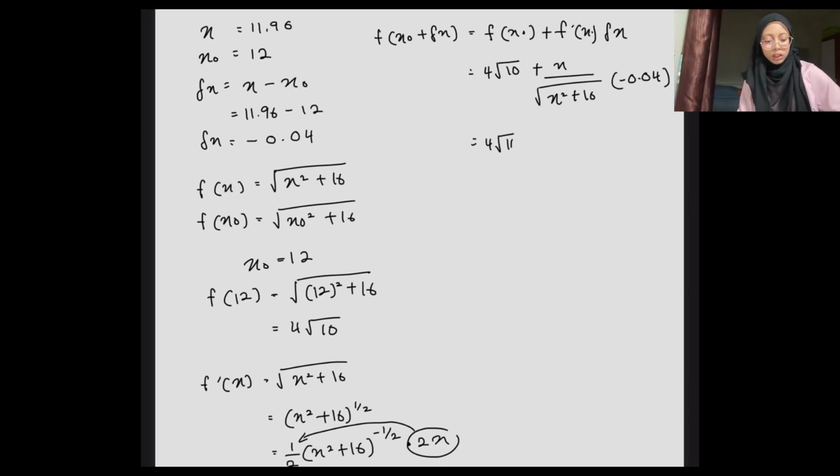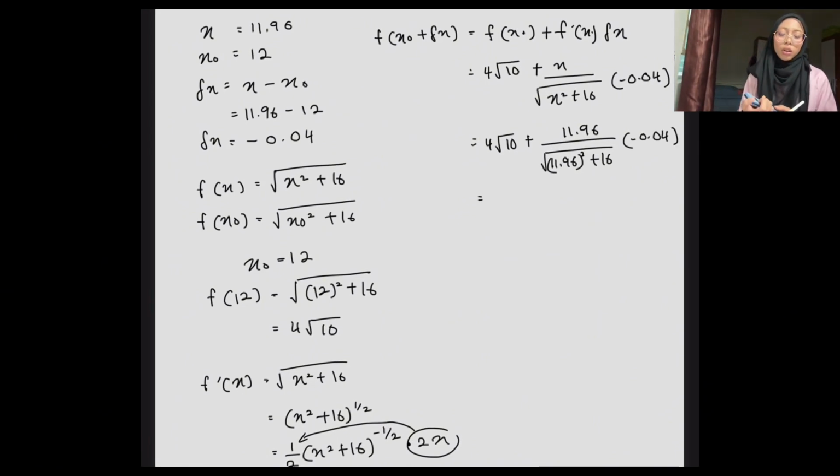So 4 root 10 plus 11.96 over the square root of 11.96² + 16, multiplied with negative 0.04, and of course use your calculator to get the value. And we will get 12.611. So this will be our final answer. So that's all for me.